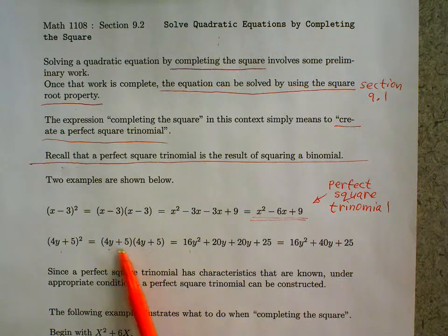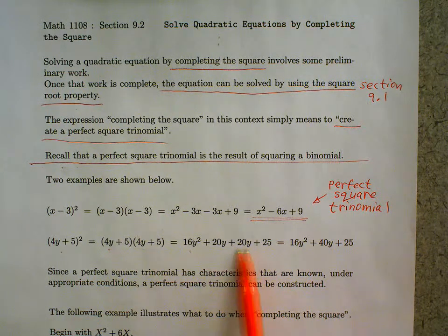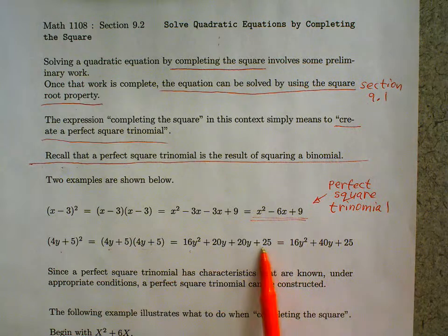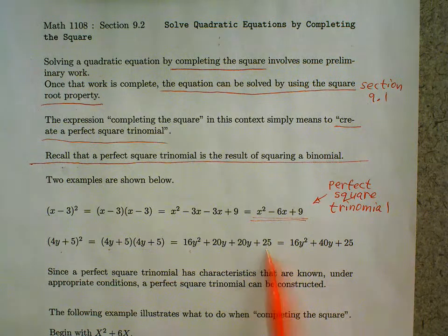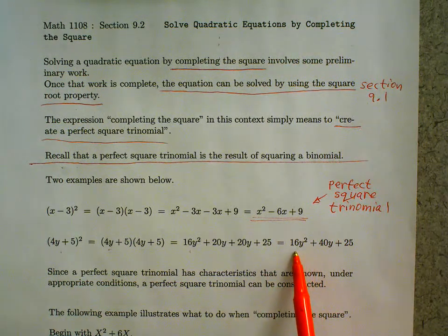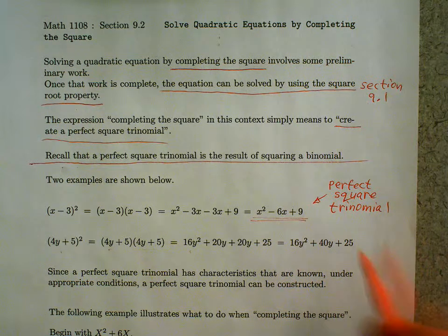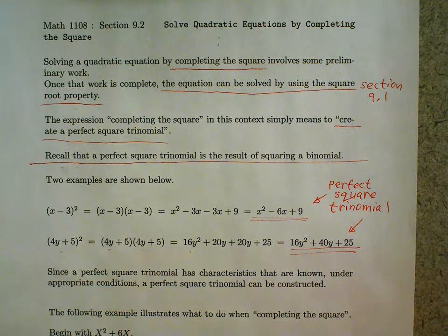And then plus 5 times 4y is plus 20y a second time. And then 5 times 5 is 25. Combine like terms, we get 16y to the second plus 40y plus 25. So this is also a perfect square trinomial. It's the result of squaring a binomial.